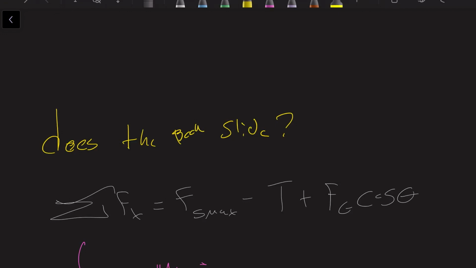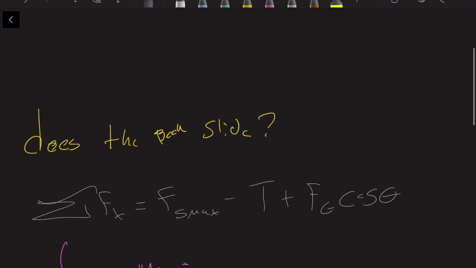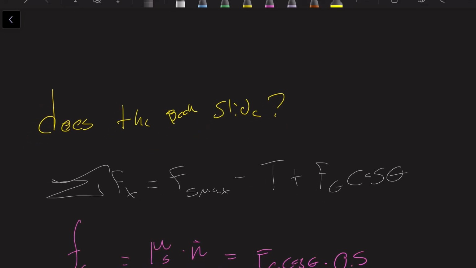Summing the forces at the pinnacle, at its peak, the friction force minus the tension force plus the gravitational force should all sum to 0. So the question really is, when is Fs max equal to T plus Fg sine theta?